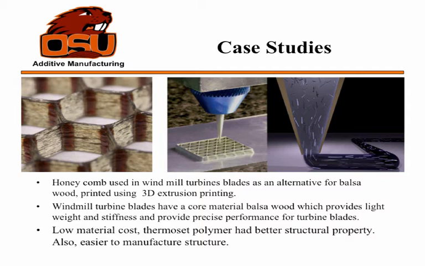It has really high strength but is very light, but it costs a ton to export, I mean, to build them. So instead, they tried 3D extrusion printing, where they used a honeycomb structure for epoxies with carbon fibers.